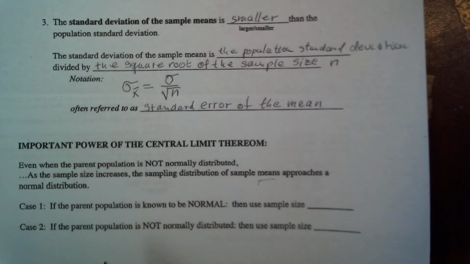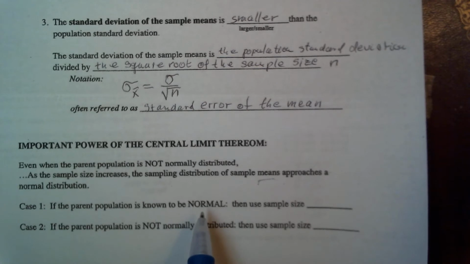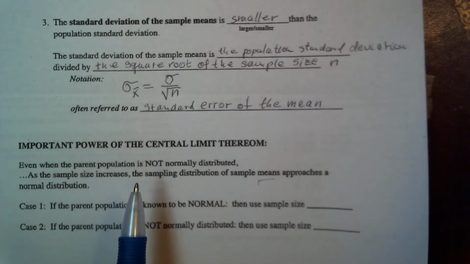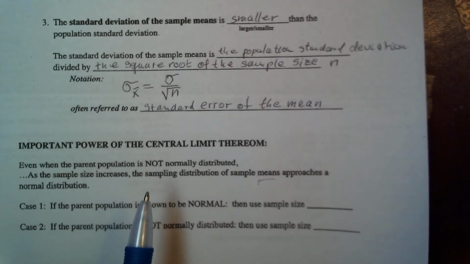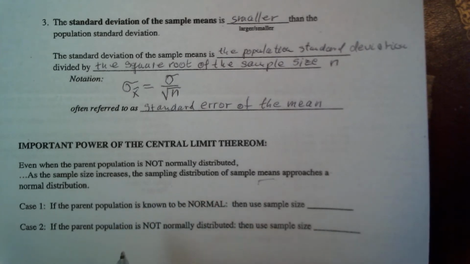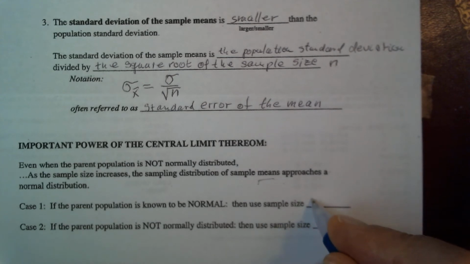You have any kind of distribution, if you take enough samples and compute their means, then they will approach a normal distribution. So if the parent population is known to be normally distributed, use a sample size of any size. So n, any size.